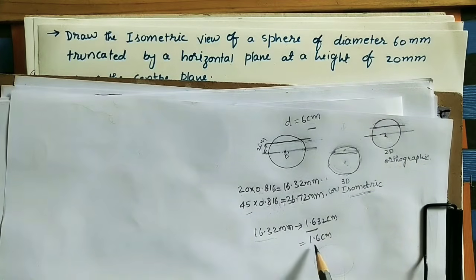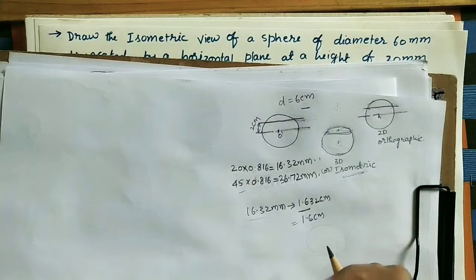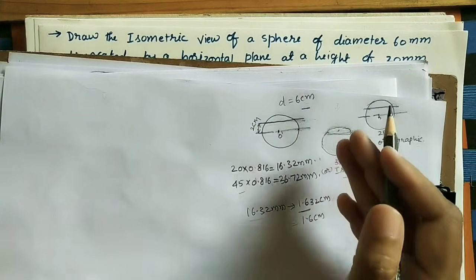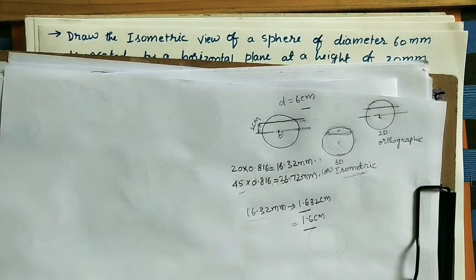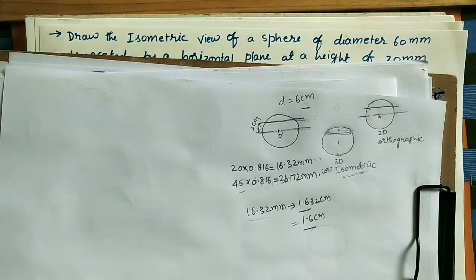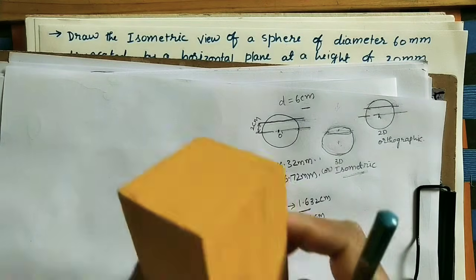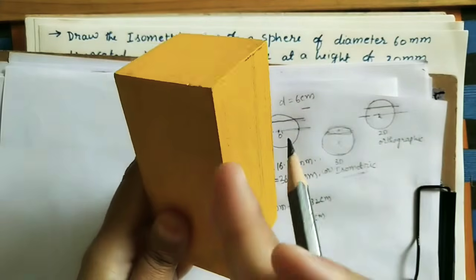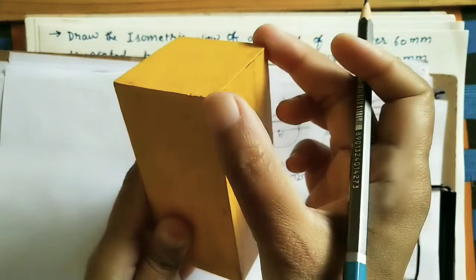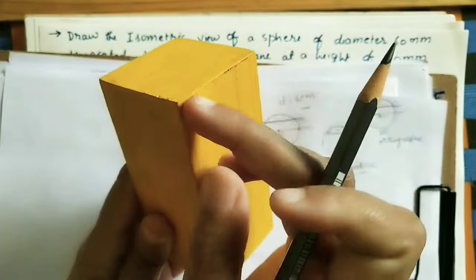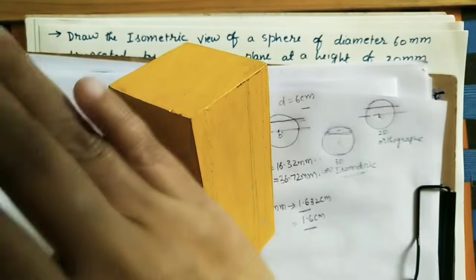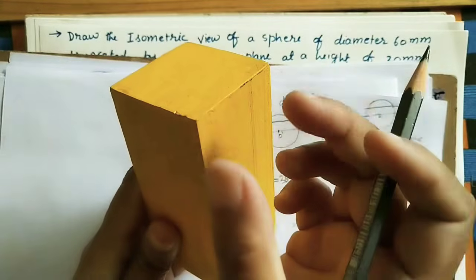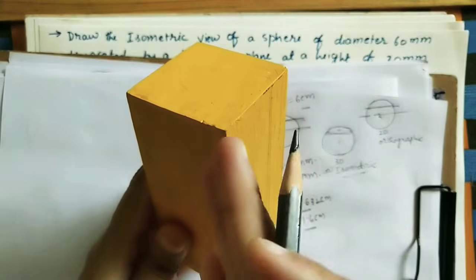Why are we taking a smaller value? In a three-dimensional diagram, whatever original dimensions are there, from the front these are looking less. Let us take a square pyramid as an example. If you are seeing the object from the front, whatever these dimensions are, these are tilting. It is tilting like this. So the original dimensions look reduced in the front view.